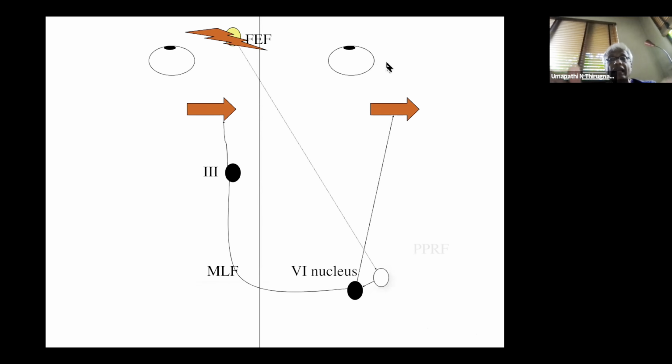So when given a chance, the eyes will drift towards the side of the stroke. So many times in your right MCA stroke patients, if you lift up the eyelids, in fact, when you go back to the wards later on, find an MCA patient. This right MCA stroke, you lift up the eyelids, the eyes will not be at rest, you'll be pointing towards the right hemisphere.